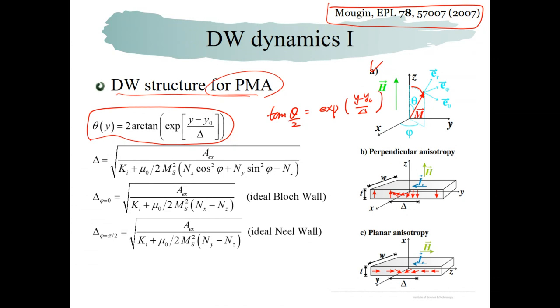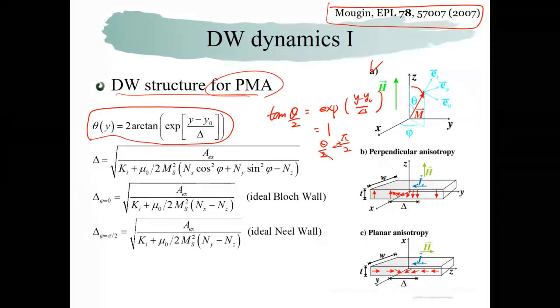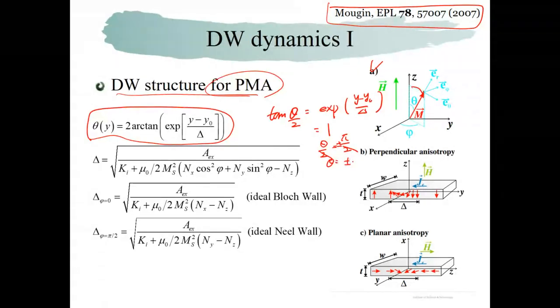So that means if we are at the domain wall center here, then this gives number 1. So tangent of theta over 2 should give plus minus pi over 2. So we can drop the 2, then theta should be plus minus pi at the domain wall center.